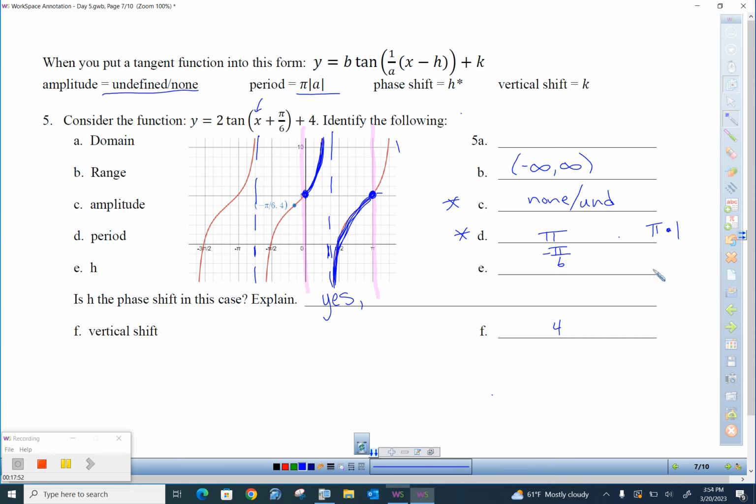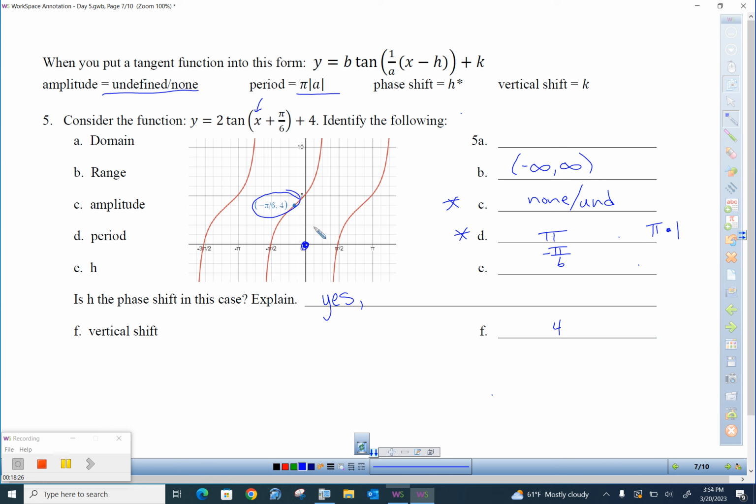The h value, since there was no number in front, very easy to set that equal to 0 to solve. And then in this case, it was the phase shift, and I didn't put an explanation because I wanted to talk through it here quick. Okay, right now we know two things have happened from what we saw here with our phase shift, or excuse me, our h and our vertical shift to get us to this point, and that came from 0, 0.